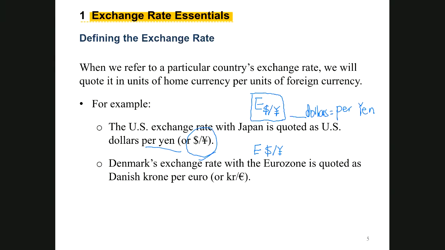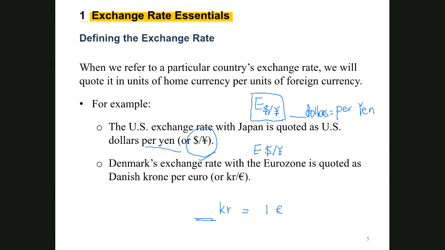So what does it mean? How many Danish krone you have to pay in exchange for 1 euro?